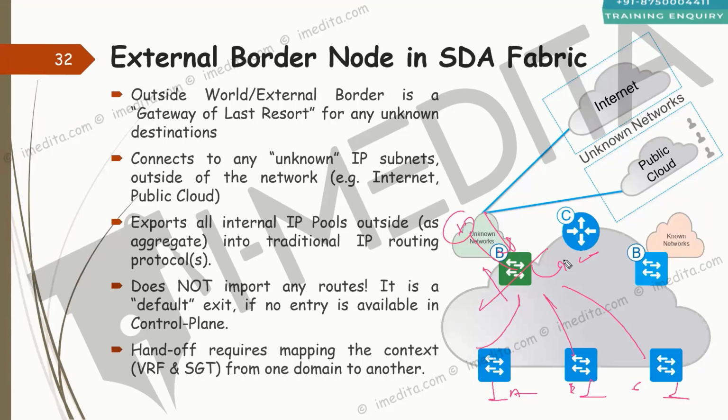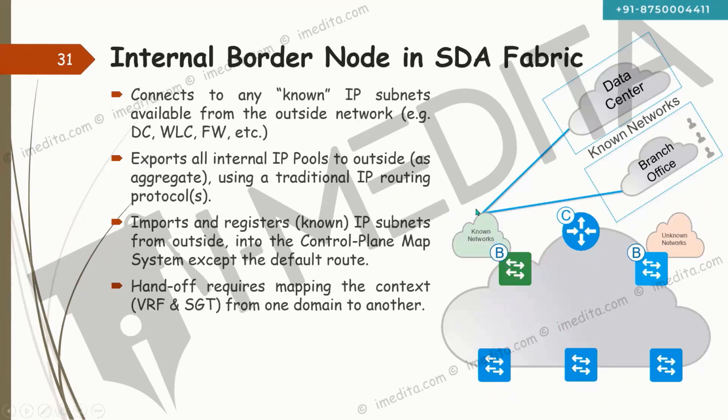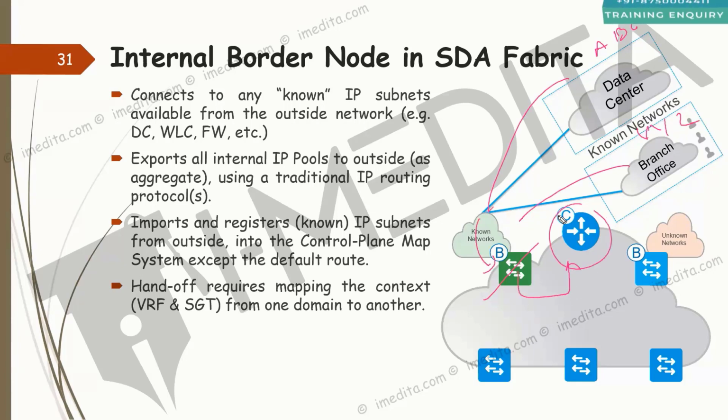Even though this border node connects to our known destinations such as data center and branches, is it actually mandatory that I learn all these prefixes? Not exactly. I am learning subnet A, B, C, X, Y, Z, but I am not going to import these prefixes into the SDA.